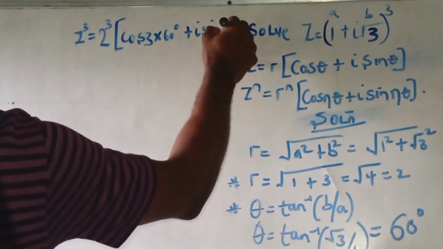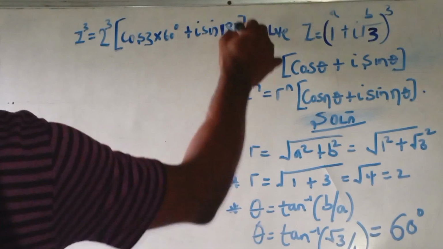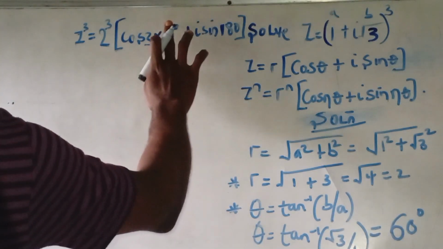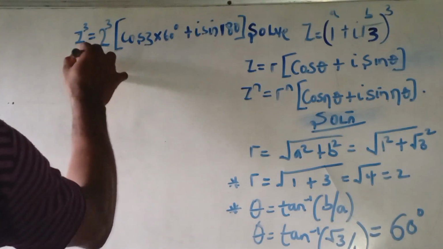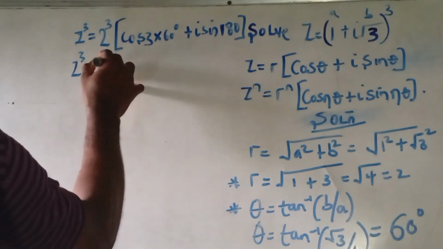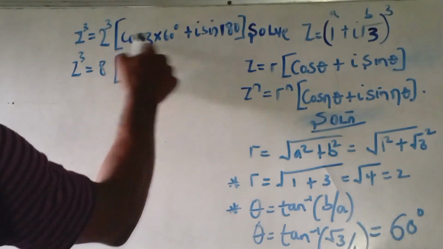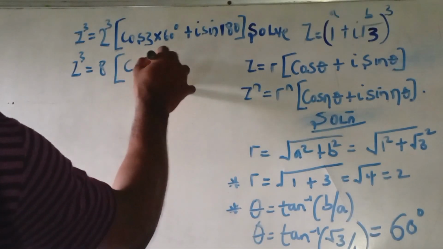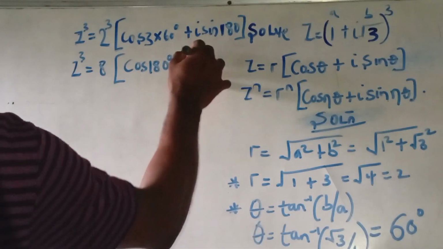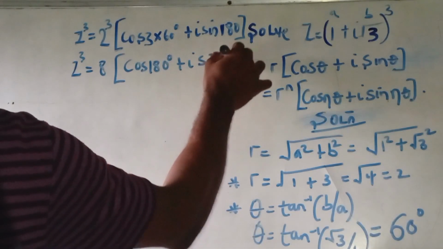Let me just change it to 180 because 3 times 60 is 180. So z raised to power 3 is equal to 2 raised to power 3, which is 8, into cos 180 degrees plus i sine 180 degrees.